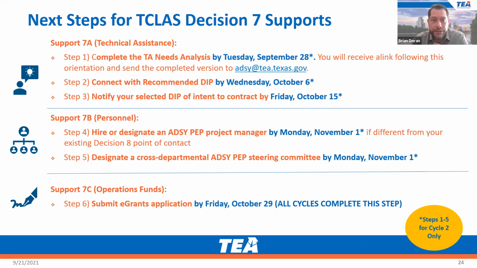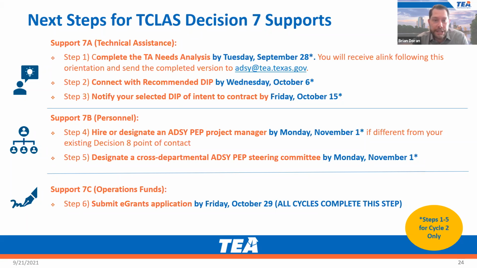If not, I just want to underscore that this is also a very critical role that we've seen over the course of the last year of folks that implemented in cycle 1. And so the earlier that you can get started on this, the better. We're also looking for designation of a cross-departmental Adzy Pep steering committee by Monday, November 1st.